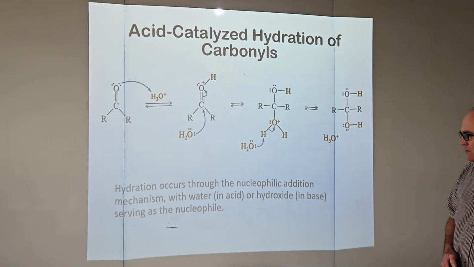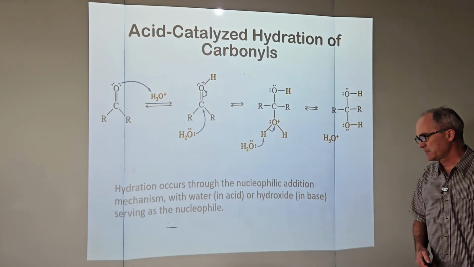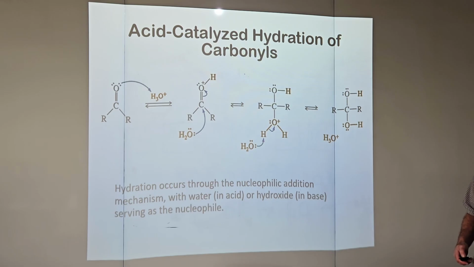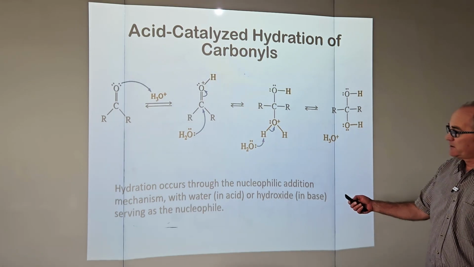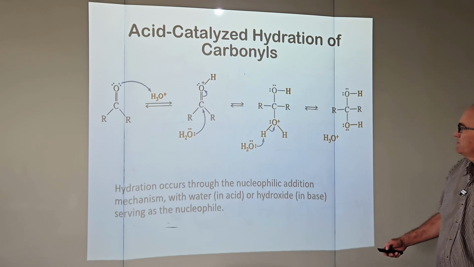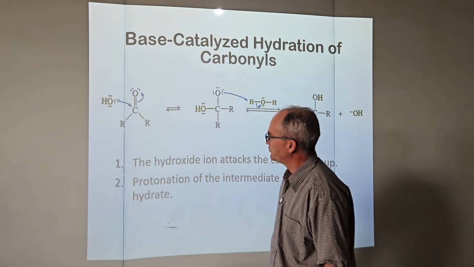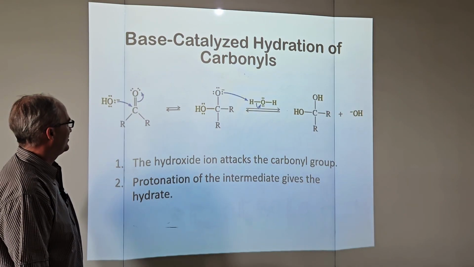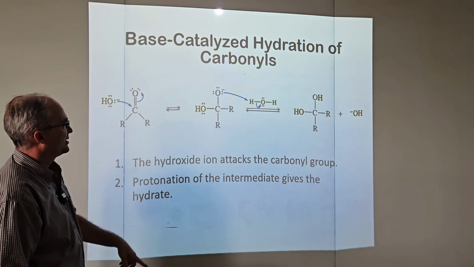Hydration occurs through the nucleophilic addition mechanism with water and acid, or hydroxide and base serving as the nucleophile. So this is the acid catalyzed hydration of a ketone mechanism to get to the hydrate. The base catalyzed seems fairly straightforward. Base runs into the carbonyl carbon, protonates that off.